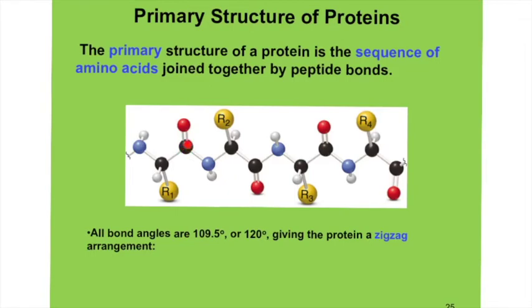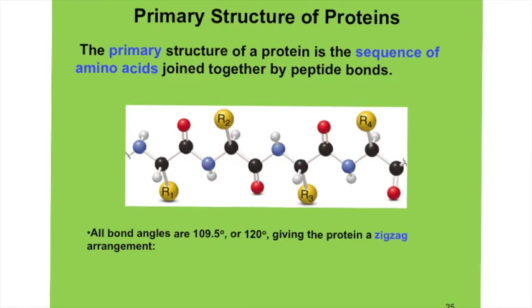This carbon has a double bond to oxygen, and then 1 bond to the C alpha carbon, and then to nitrogen. So this carbon has 1, 2, 3 electron domains. 3 electron domains gives you trigonal planar geometry, and so the bond angles for that carbon is 120 degrees. Okay, so you have tetrahedral and then trigonal planar. This nitrogen here has a lone pair of electrons that are not shown. So if you're counting electron domains, you have to consider the lone pair of electrons.